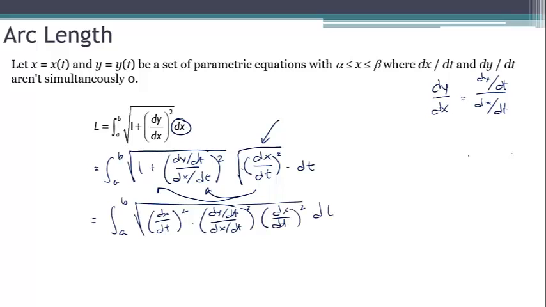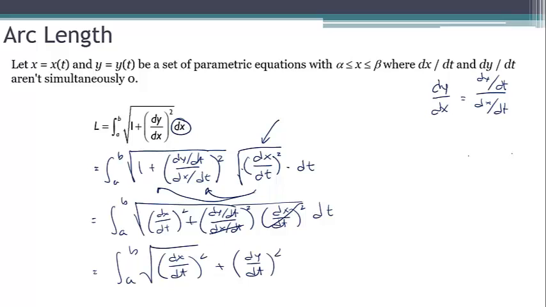And you see what happens now: this (dx/dt) squared cancels with this (dx/dt) squared, and that gives us our final formula: the integral of the square root of (dx/dt) squared plus (dy/dt) squared, dt.